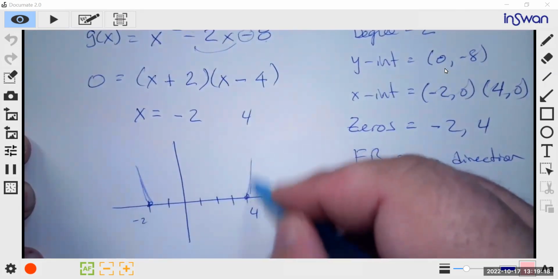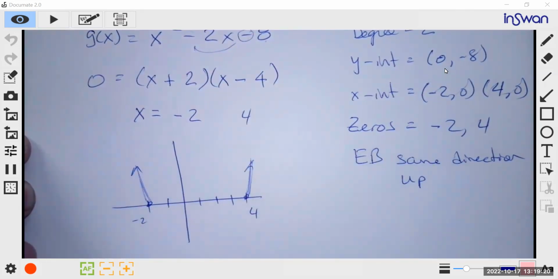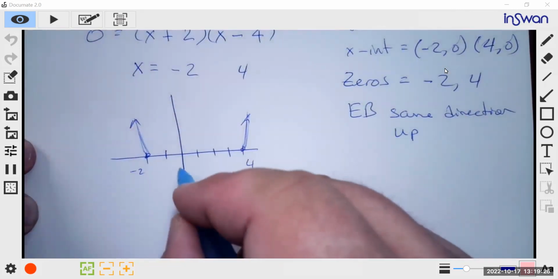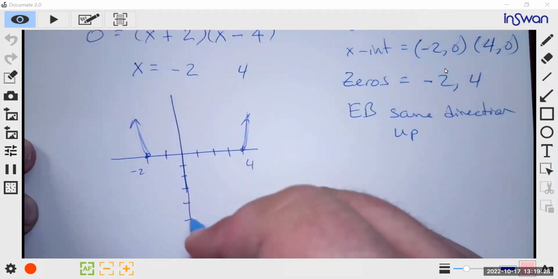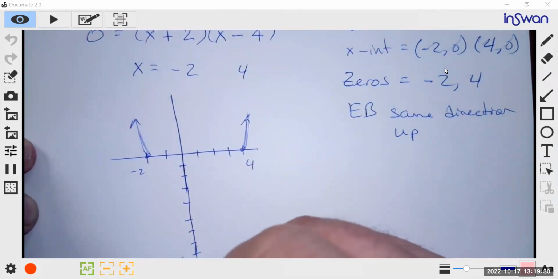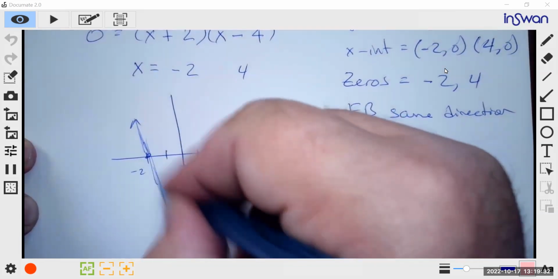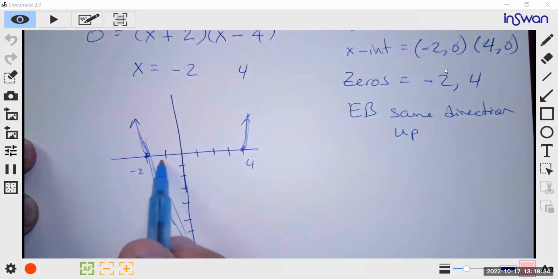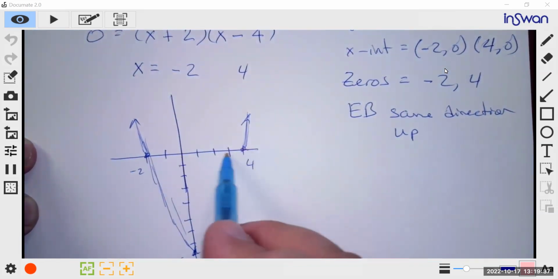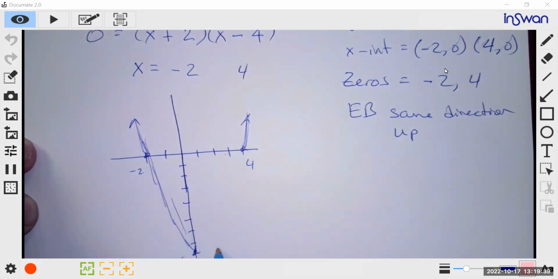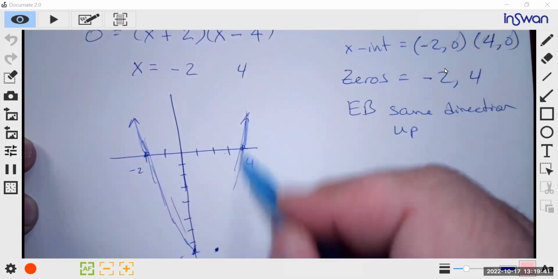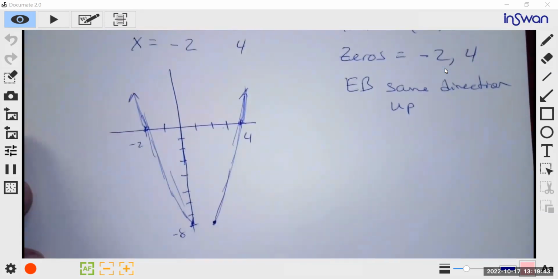So at -2 and 4 we know the graph goes up, so the graph has to look like this. We know the y-intercept is at -8. So it's 1, 2, 8 down. So where's the vertex?